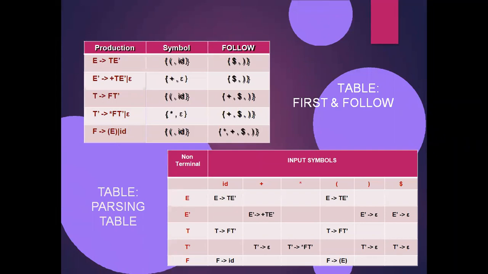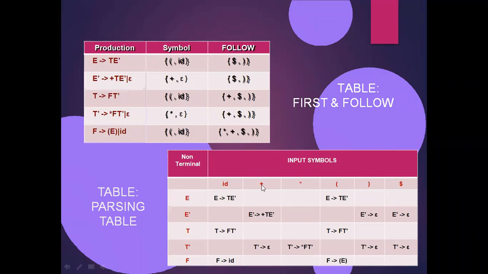For the remaining cells, you can leave them blank or write error, you can write anything. In some textbooks, error is written in the place of these blanks. No need to bother about what the error is. In some textbooks, it is blank. That means there is no move with the variable along with the terminal.